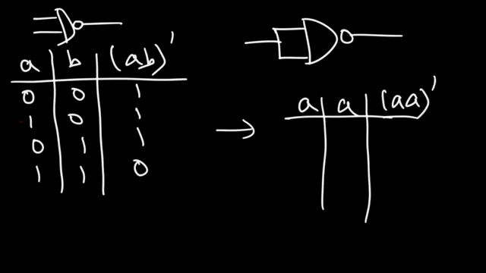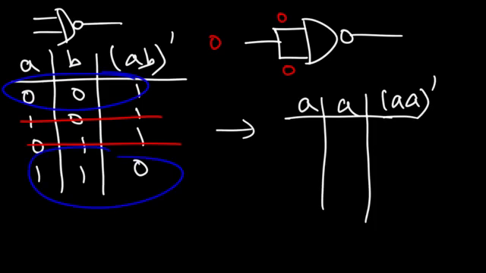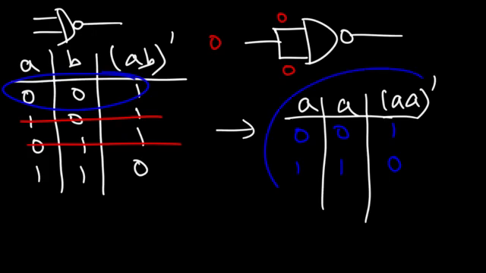So therefore, these two possibilities cannot work. Because let's say if this is A, this has to be A as well. So meaning, let's say if we have a 1, we can't have a 1 and a 0. That's not possible. If this is going to be a 1, both of these inputs will be a 1. Or if we have a 0 here, both inputs will be a 0. So these are the only two possibilities. So if we have a 0, the output is a 1. And if we have a 1, the output is a 0. And so this is the same table as a NOT gate.